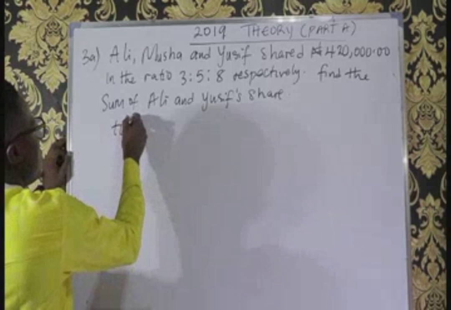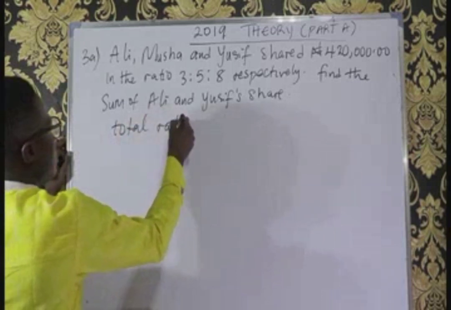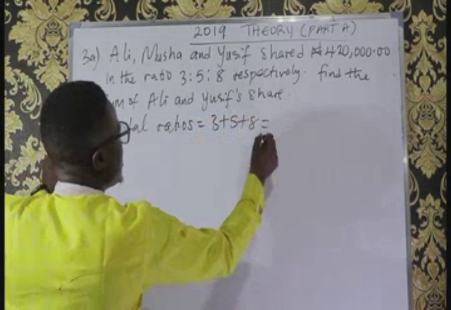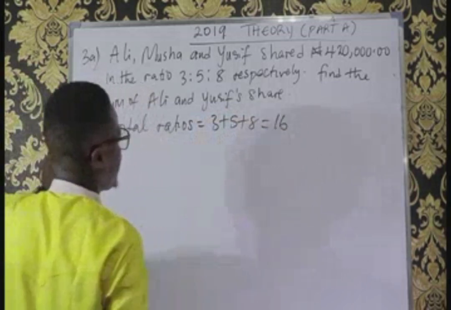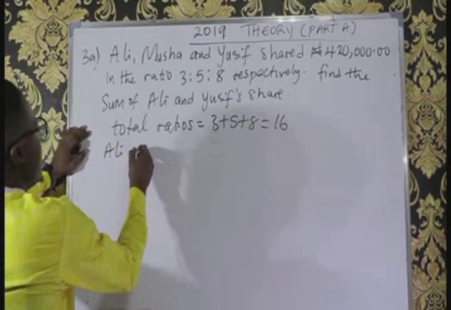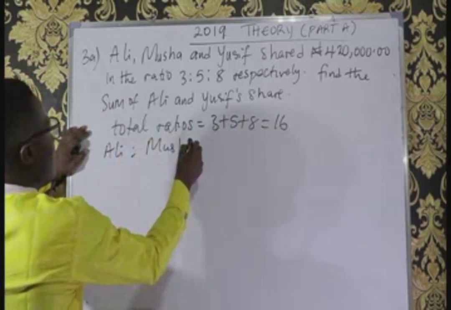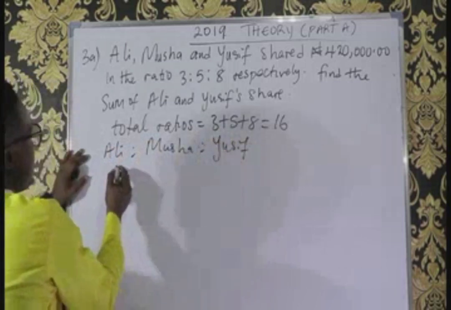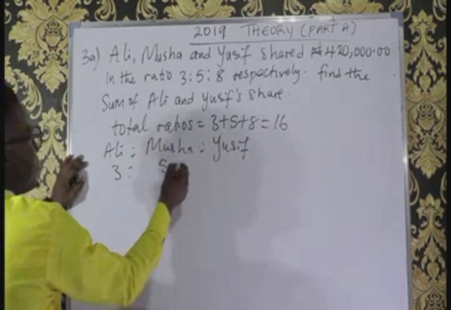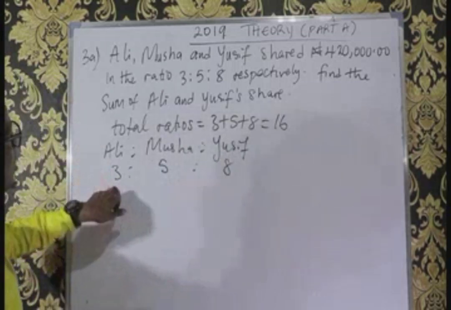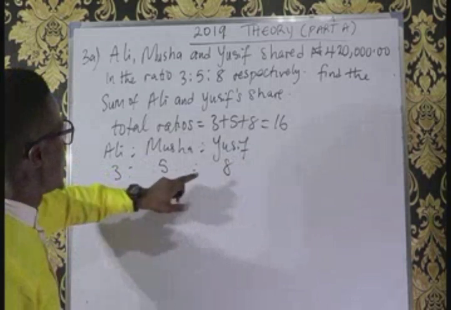So total ratios is 3 plus 5 plus 8, which is equal to 16. So we'll have Ali is to Musha is to Yusuf, and the ratio is 3:5:8. This implies that Ali's share is 3 while Yusuf is 8.